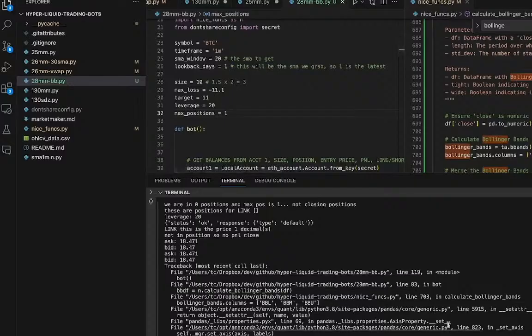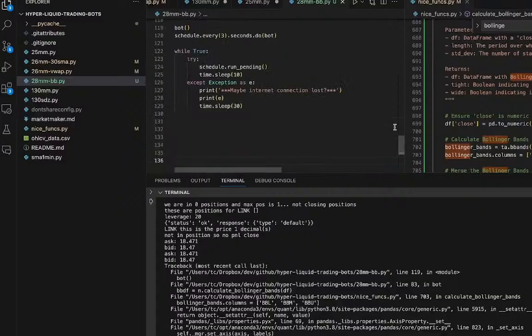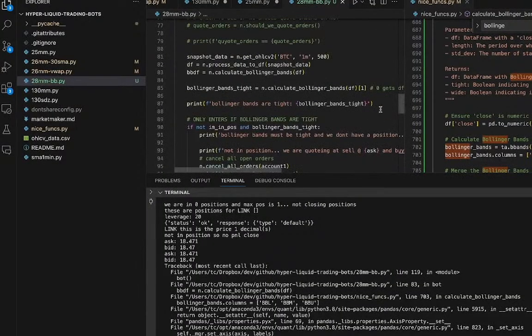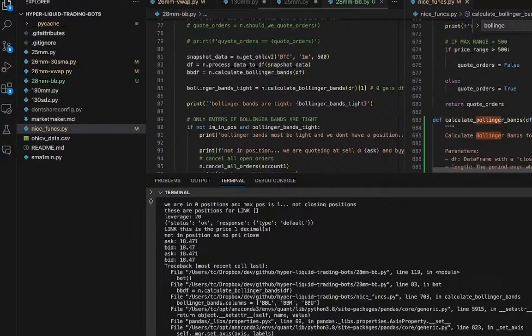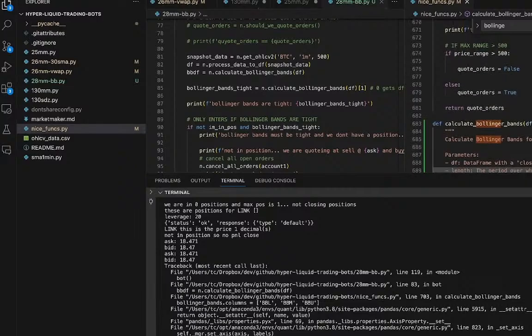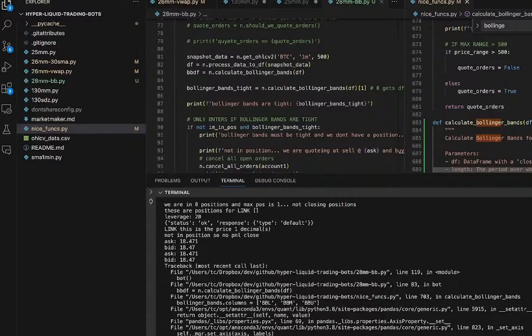Line 83 is expecting something. This has 5 new values.